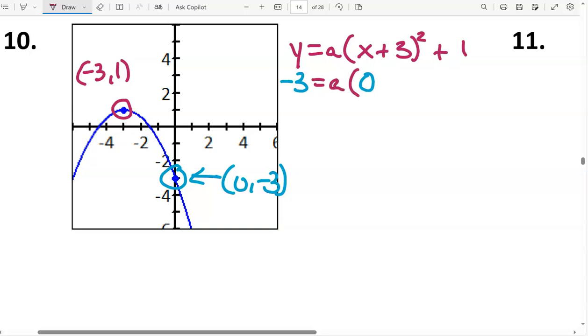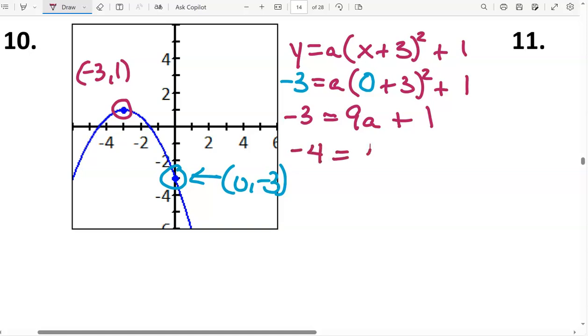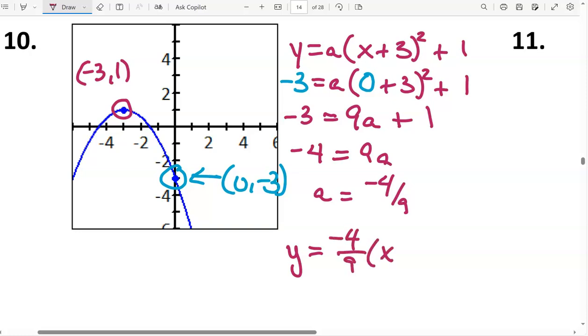Negative 3 is equal to a times (0 plus 3) squared plus 1. 0 plus 3 is 3, squared is 9. So now we have 9a plus 1 is equal to negative 3. Subtracting 1, negative 4 is equal to 9a, and a is negative 4/9. That gives us an equation. y is equal to negative 4/9 times (x plus 3) squared plus 1.